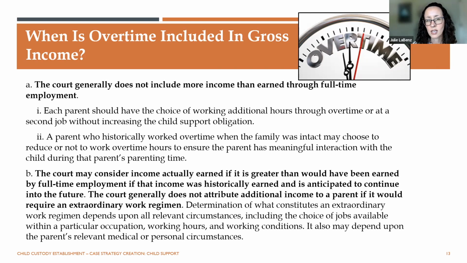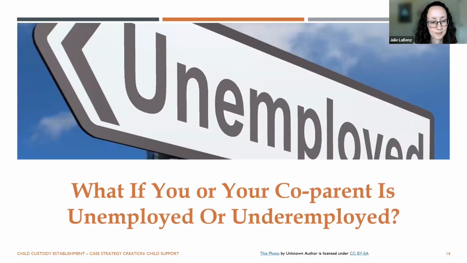So you really have to look at the facts regarding overtime in your case and see if it would be appropriate to include it. But it won't be included if it requires an extraordinary work regimen, it's not regular, or maybe the parent has changed their mind and doesn't want to work overtime going forward in order to spend more time with their kids, and the court will allow for that.